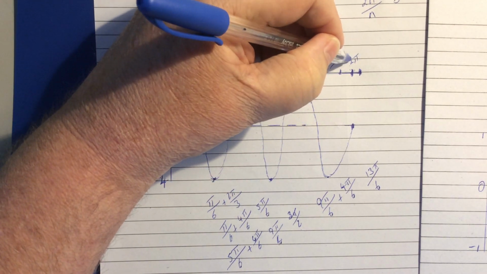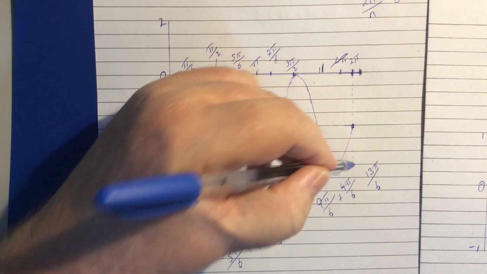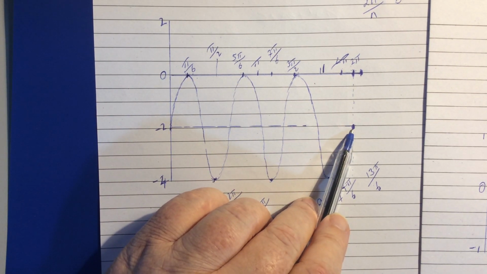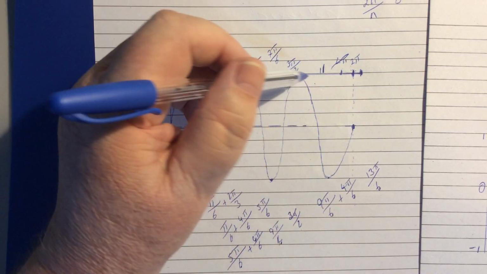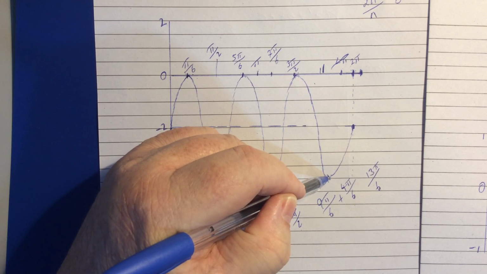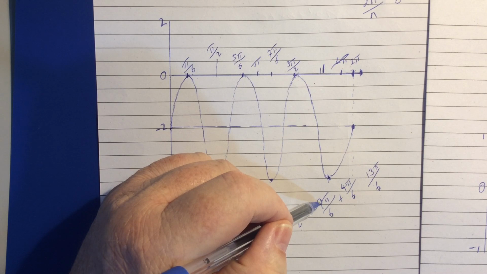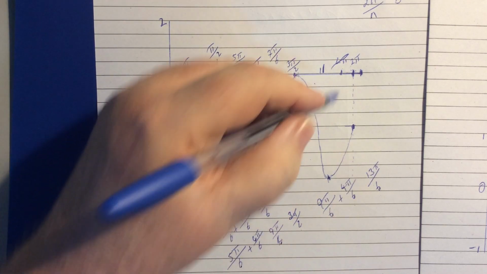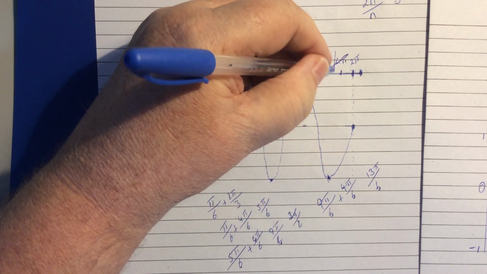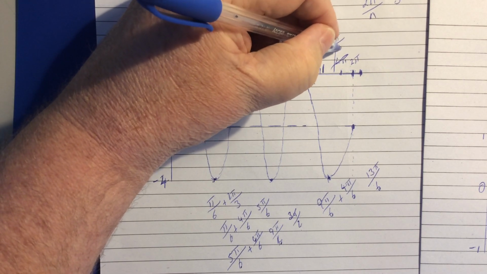This is what happens when I get drawing. We'll say that that's 2 pi. I'll check on that in a moment. What I want to do is get the value of this point here, and the value of this point here is halfway between 9 pi and 13 pi on 6. So it is, I'll just put it in up here, that is 11 pi on 6.